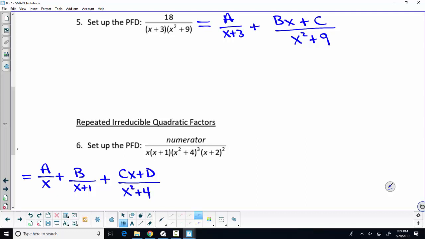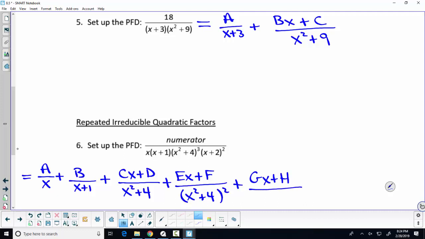Plus ex plus f over x squared plus 4 to the second power. Plus gx plus h over x squared plus 4 to the third.